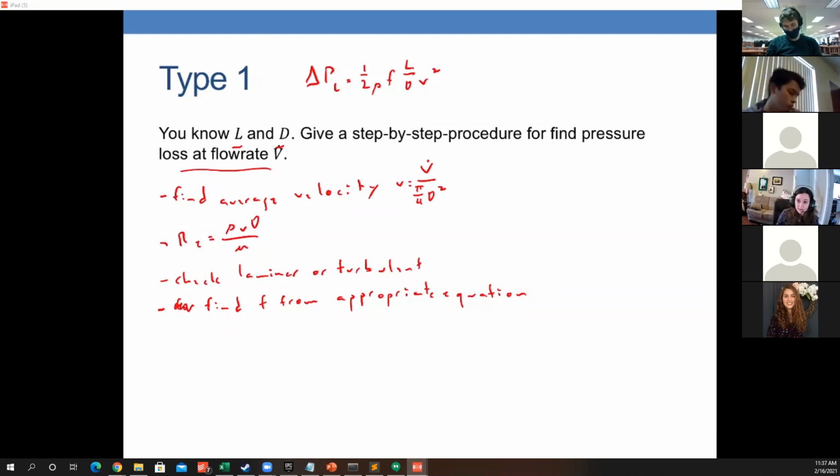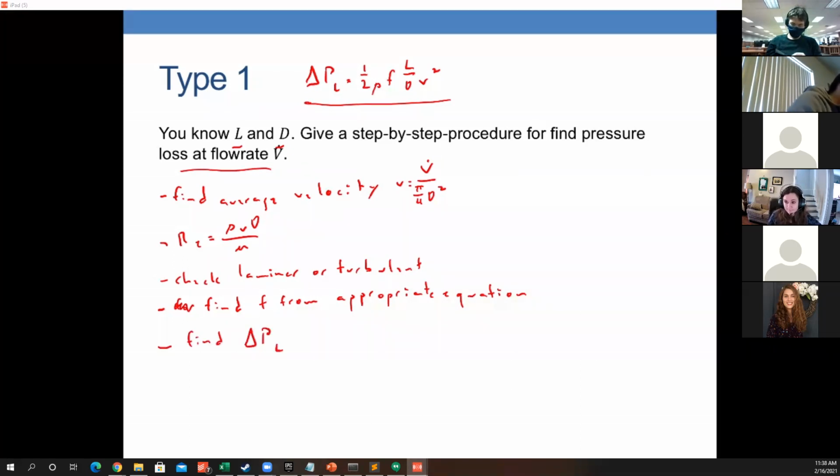So you find F from the appropriate equation, like one of those we just found, plug in there, and then you find that. So this one is relatively straightforward, actually.